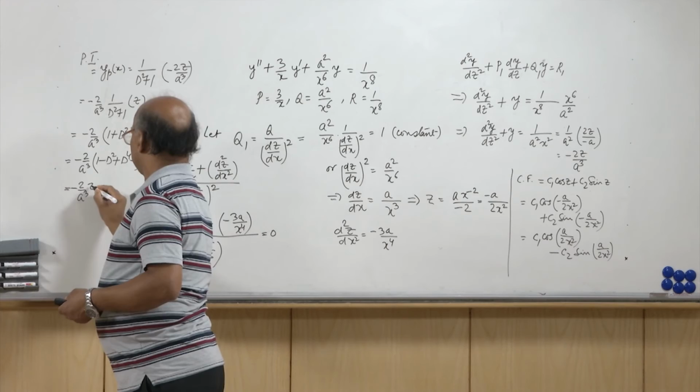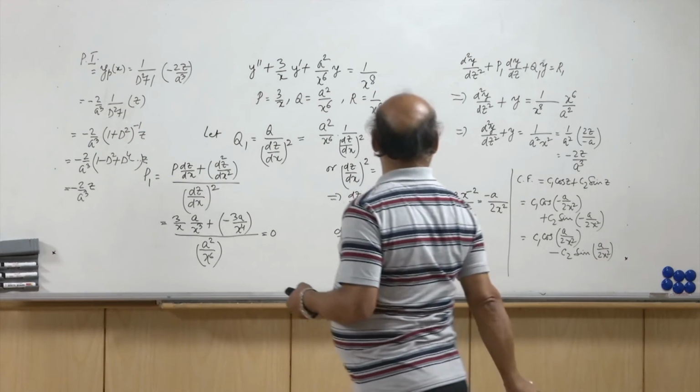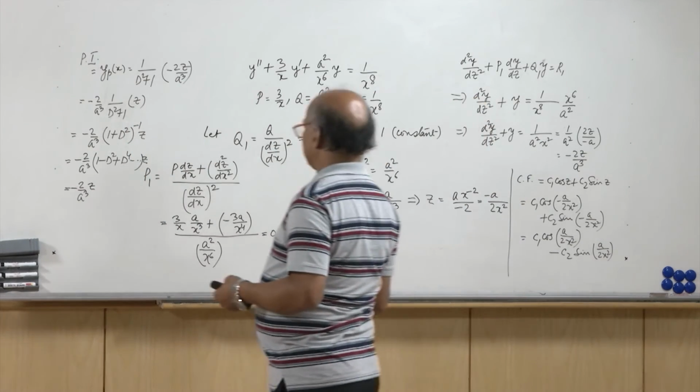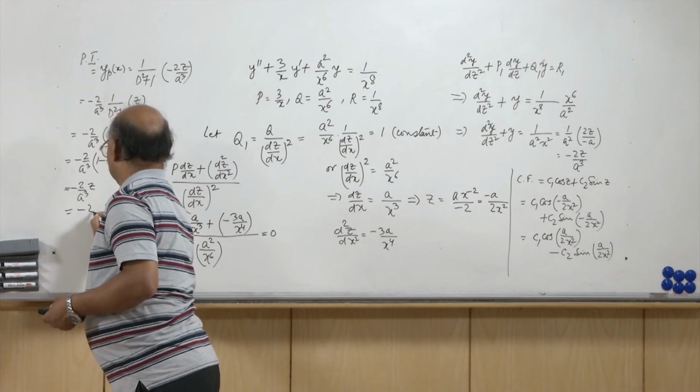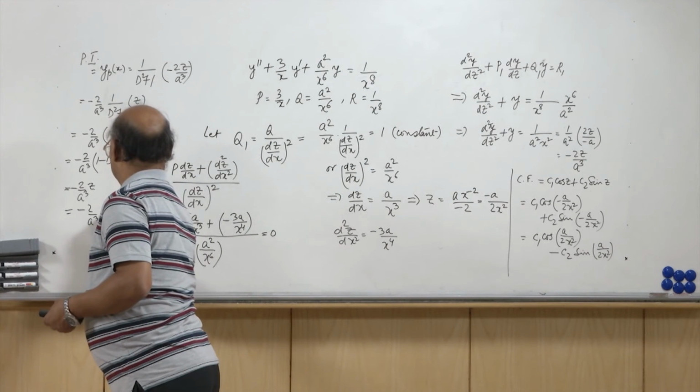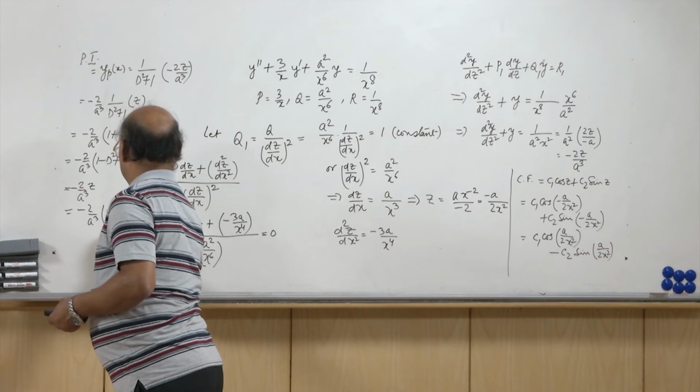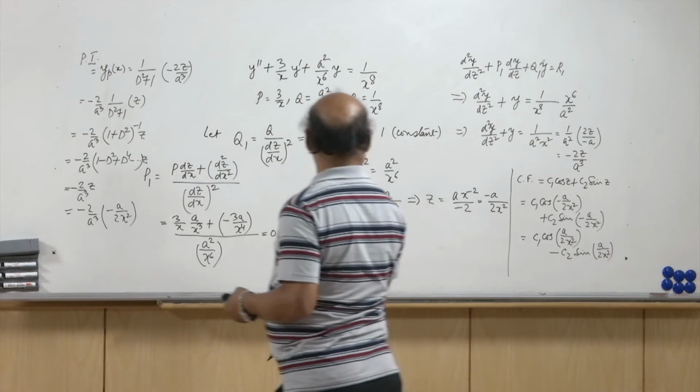So we have minus 2z by a cube, and z is equal to minus a by 2x square.